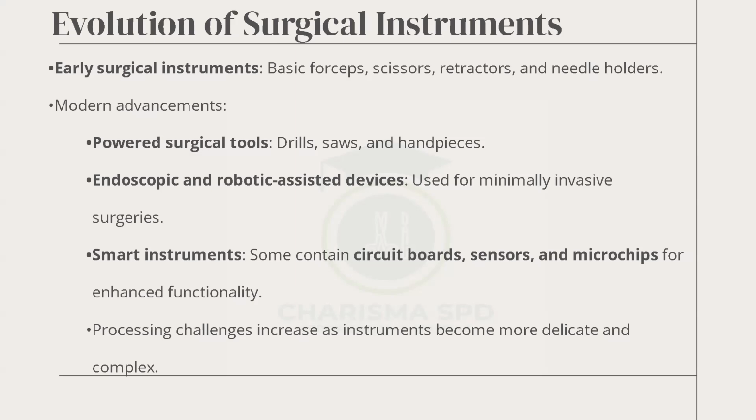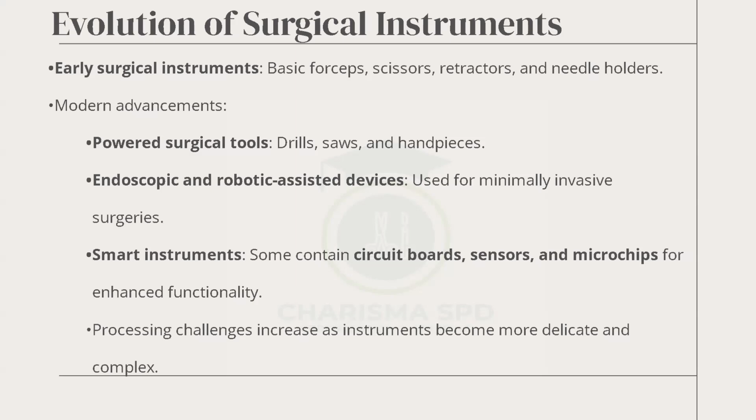Then we have endoscopic and robotic-assisted devices. Endoscopic means it goes inside your body. And robotic means that the machine is controlling it. With the press of a button, the machine is doing the work. That is how far we have evolved as human beings with regards to the health of the human being. Then we have smart instruments.